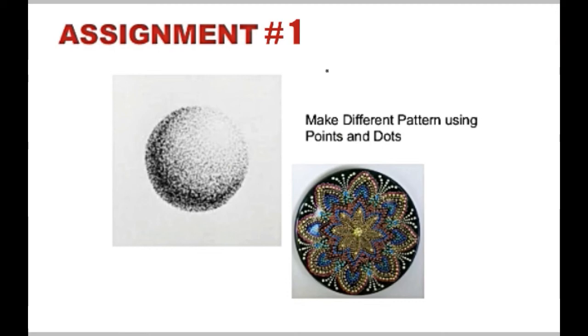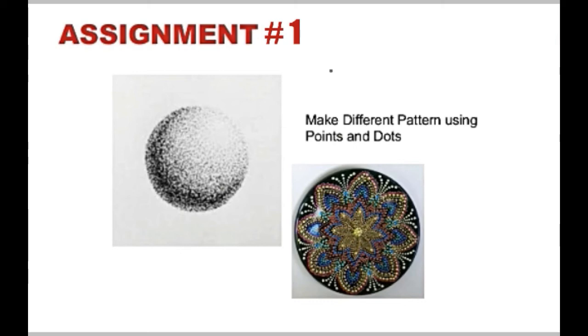You can choose the shape that you like. Example, you are drawing a shape of a flower or natural shapes or even abstract art, as long as you are using dots or points or circle patterns.